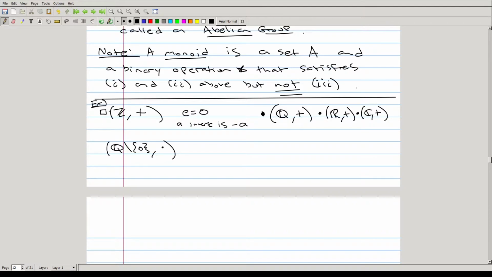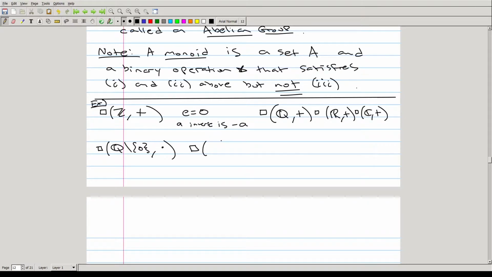And I'll just put a box next to each one of the examples. Like I said, it'd be good for you to go through and verify that some of these basic examples are actual examples of groups.